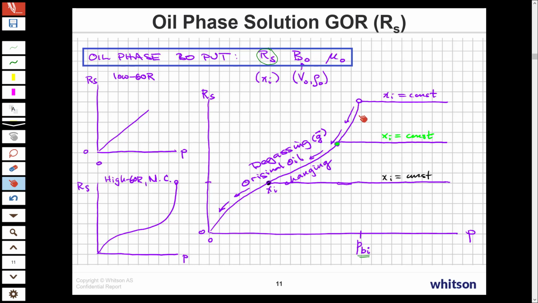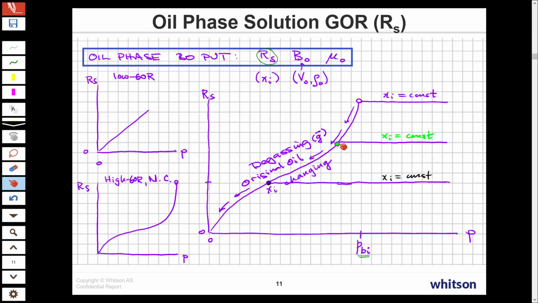Now, normally the path is that if we start with an oil, and maybe it's undersaturated out here, the reservoir is depleted, you drop below the bubble point, and maybe the reservoir reaches some pressure here. At that point, you decide to do water flooding as an example. Then you might be moving in pressure upwards again, and the properties of the oil will have changed. It'll have less gas in solution.